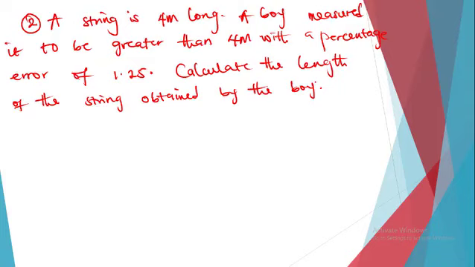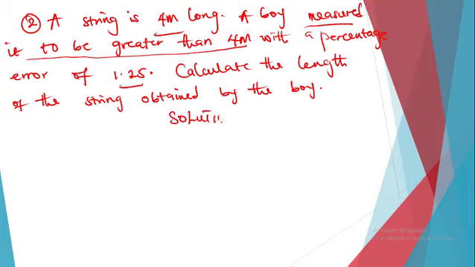Okay, let's take one more example. Question number 2. A string is 4 meters long. A boy measured it to be greater than 4 meters with a percentage error of 1.25. Calculate the length of the string obtained by the boy. Solution.